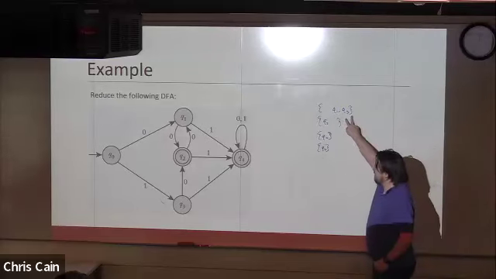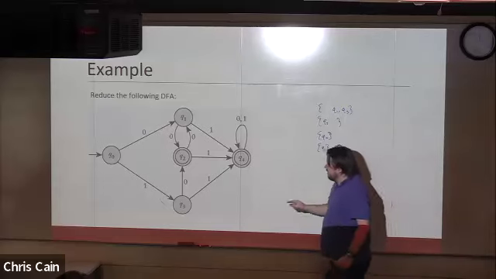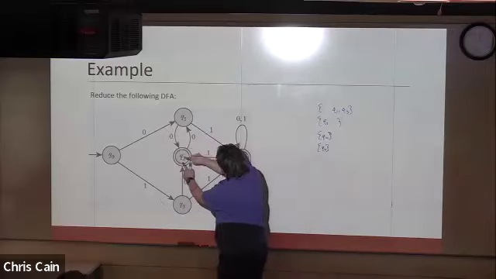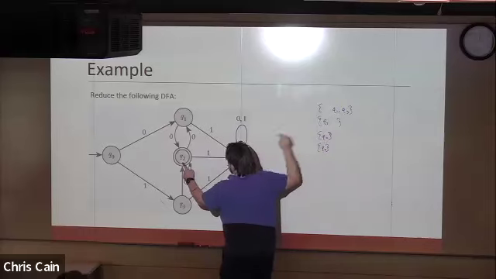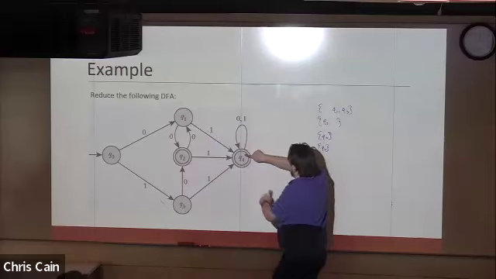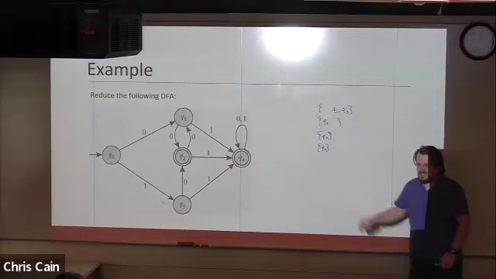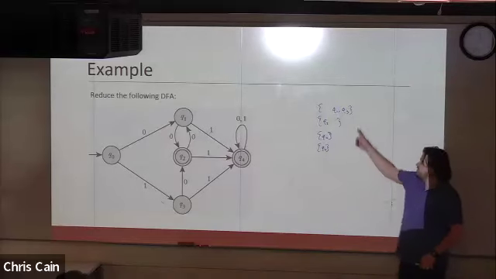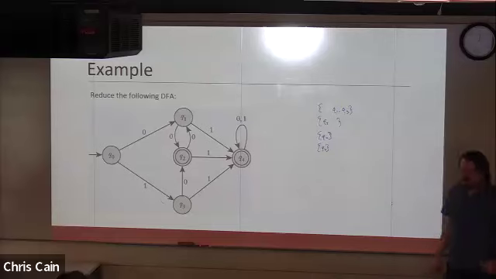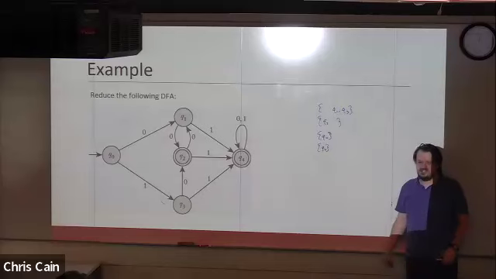So we're going to look at Q1 and Q3 again. On Q1 and Q3, on a 0, we get Q2 and Q2 in the same equivalence class. On a 1, we get Q4 and Q4 in the same equivalence class. We cannot show that Q1 and Q3 are distinguishable. And we terminate because there are no other pairs of states to consider.